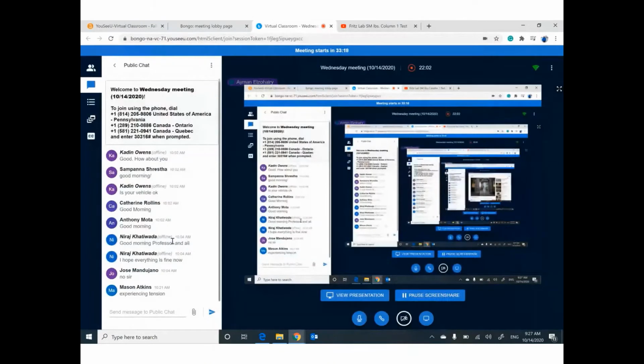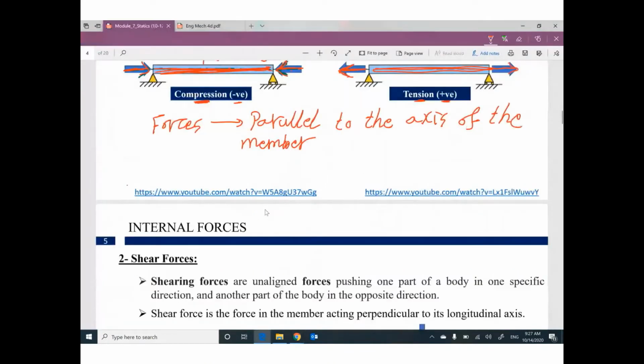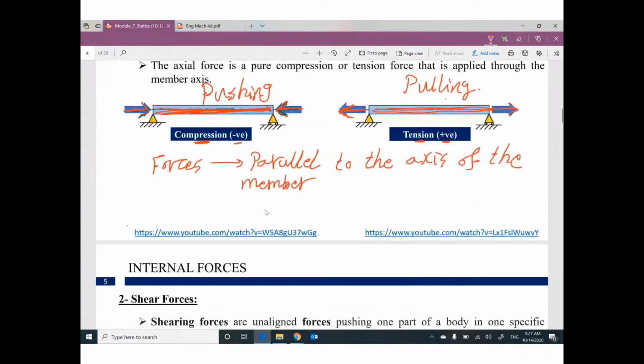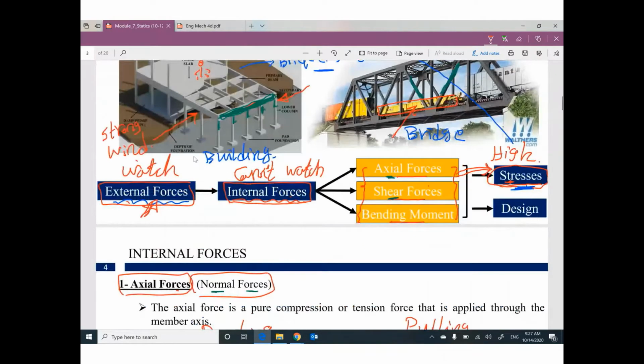Great. The second internal forces are called shear forces. I would like to remind you, right now you are sitting in a building. Your load is creating axial force, believe me. But I cannot watch these internal forces. Can you remember? The external forces, I can watch them.